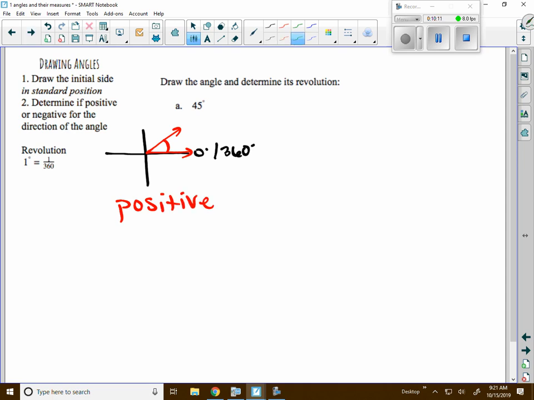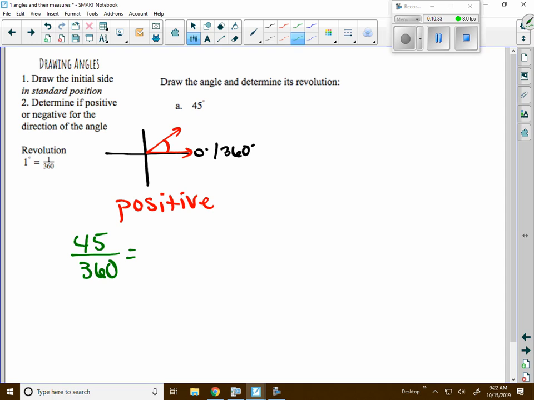Okay, and the last thing is tell me how many revolutions it is. A revolution is 360 degrees, so one degree is 1 over 360. Since this is 45 degrees, we would write it as 45 over 360, and then we would simplify that fraction.